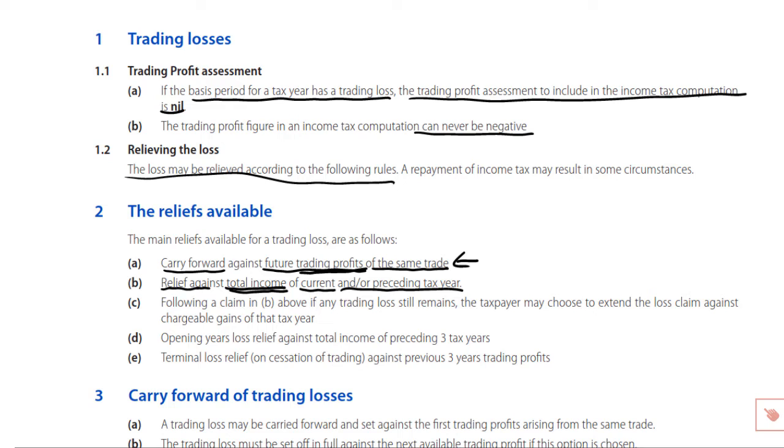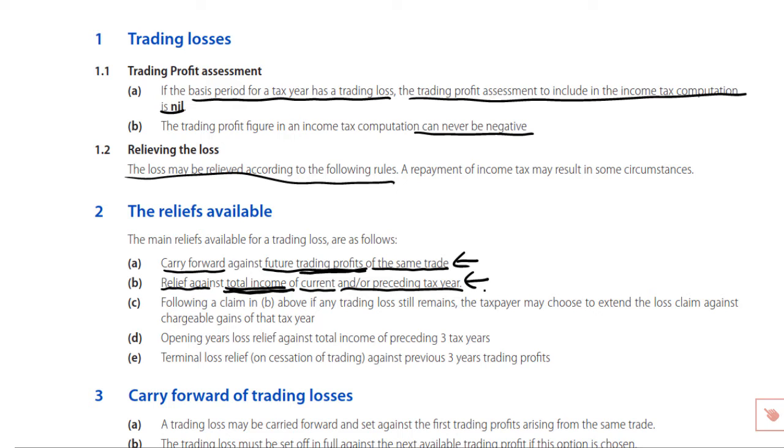Now that may indeed sound generous, but it also has a problem. It goes against total income. Total income is before the deduction of your personal allowance. And if you make either of these two claims here, current and or preceding tax year, and it is a truth that will apply to all of these loss reliefs, you can't make partial claims.